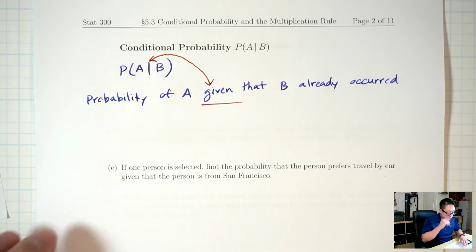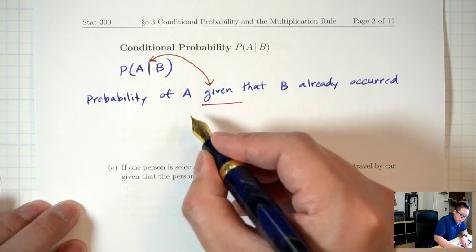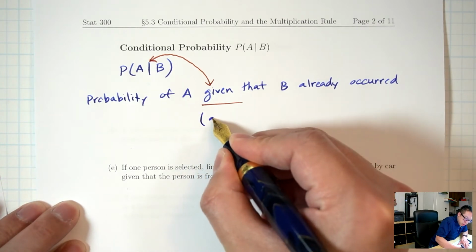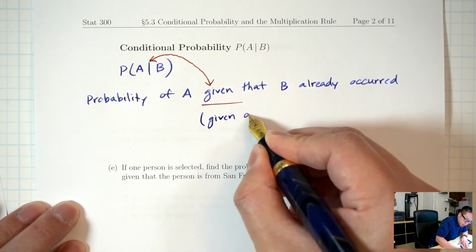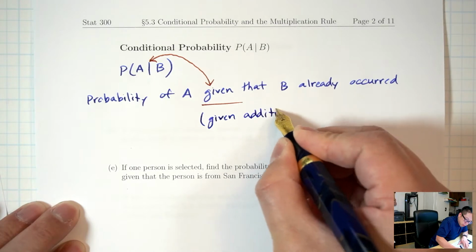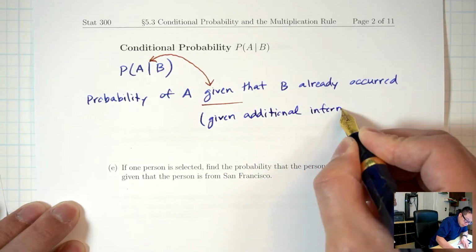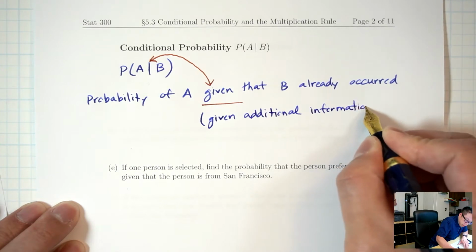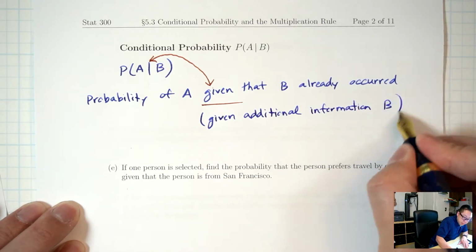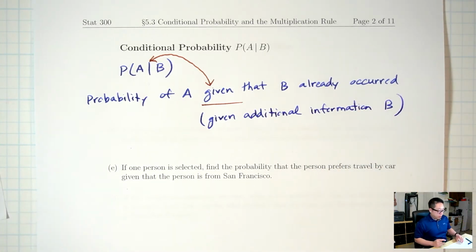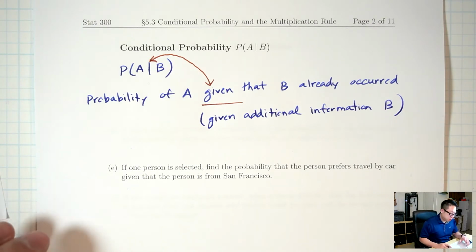Okay, so another way to think about this is probability of A given additional information. That's represented by B. Okay, so let's try some examples.